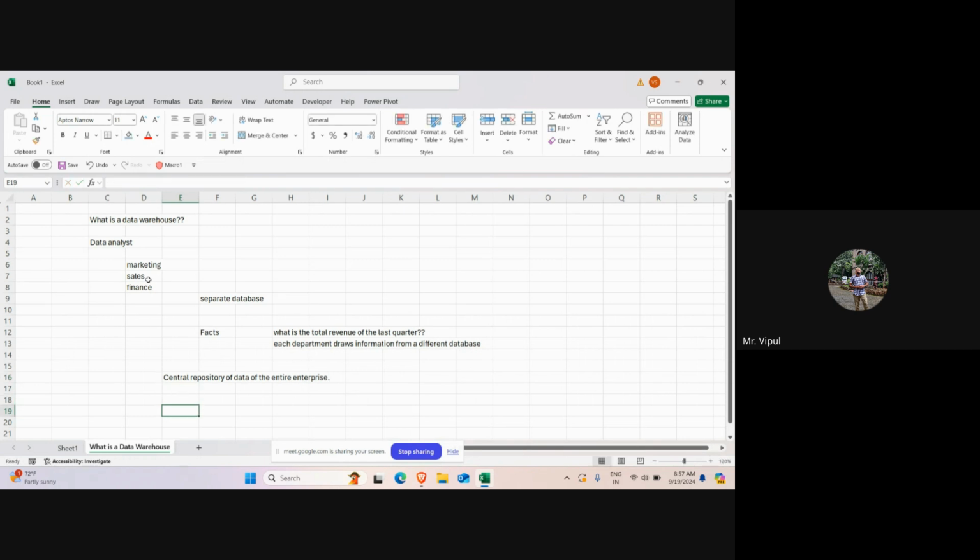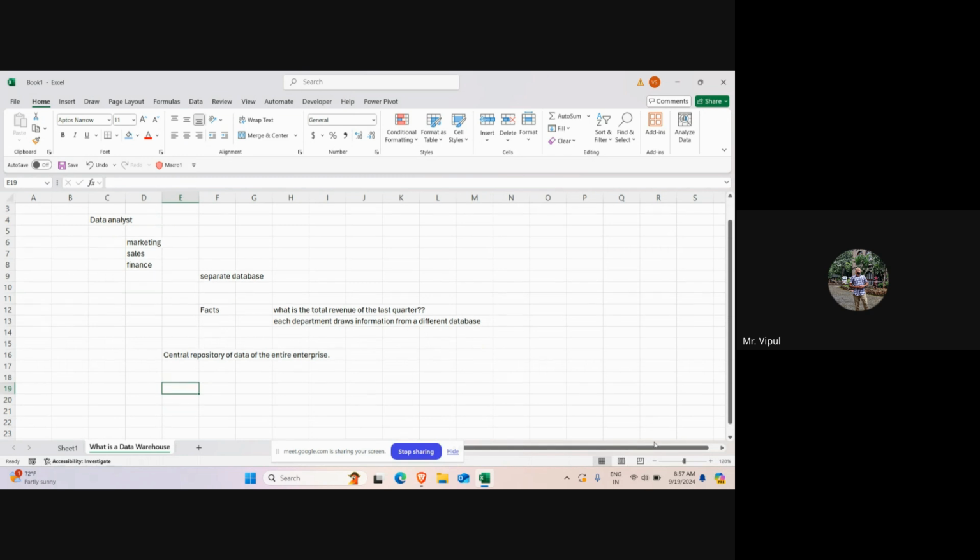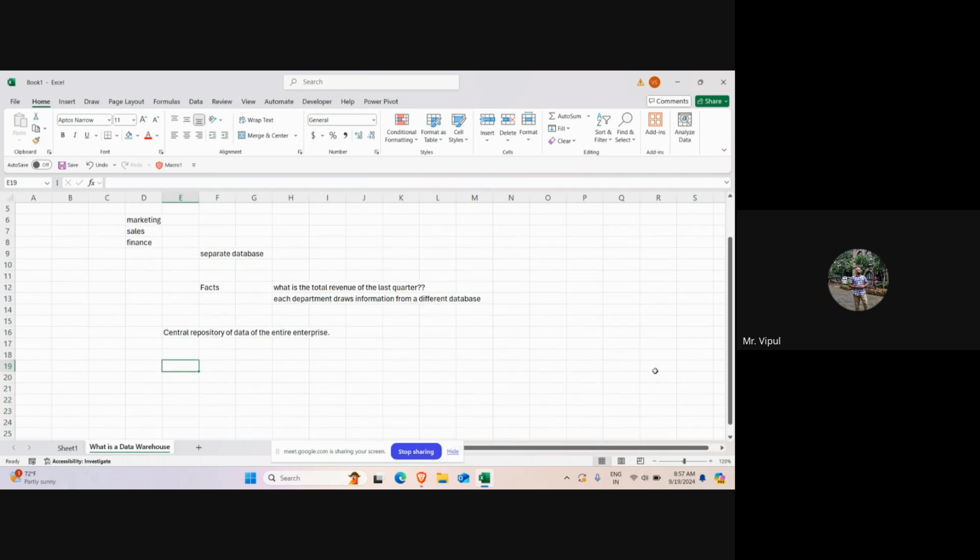Now let us understand the concepts of data warehouse. What is the definition of a data warehouse? How is it useful for companies in carrying out data analytics? And you also learn about OLAP, which stands for Online Analytical Processing. So what is OLAP?